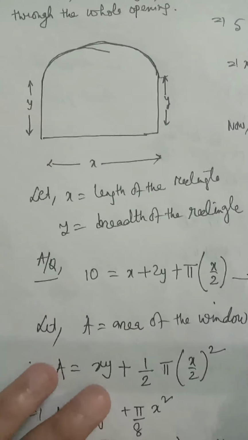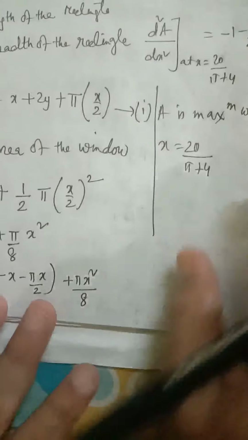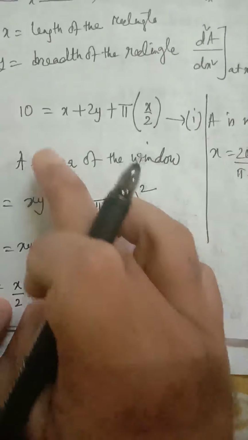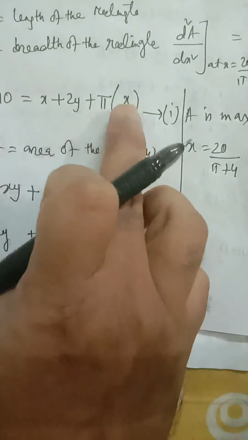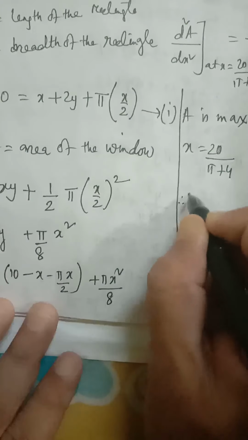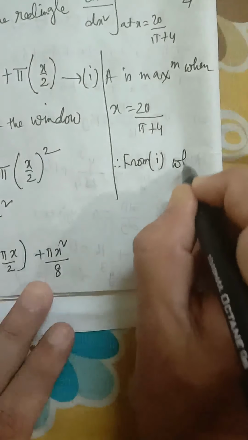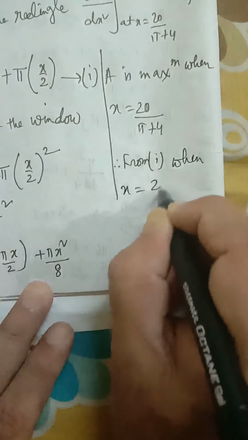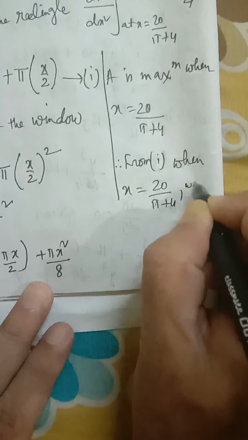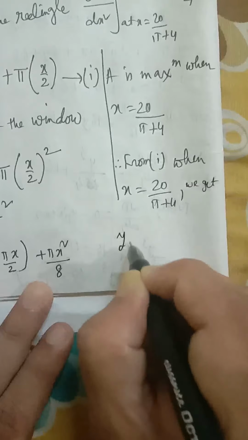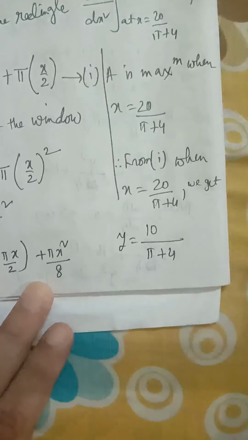We have to find the dimension of the rectangle. We have to find x and y. Now when x equals 20 by pi plus 4, from relation 1, if we put x equal to 20 by pi plus 4 here, we get y equal to, if you simplify, 10 by pi plus 4.